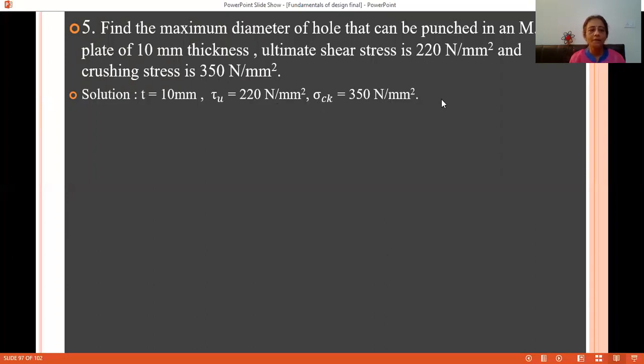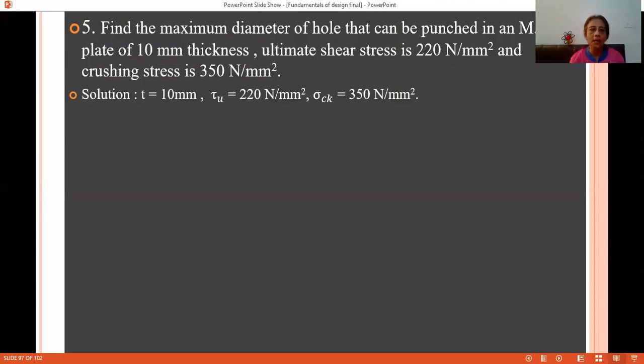First of all, whenever there is a plate and the punch falls on the plate, the force required to punch a hole, because the hole will fall down this way, there is a circumferential shearing. You can see here the contact is circumferential.